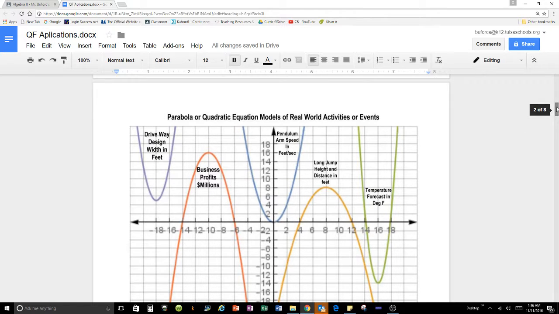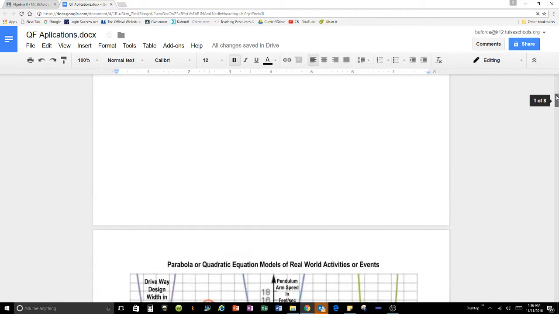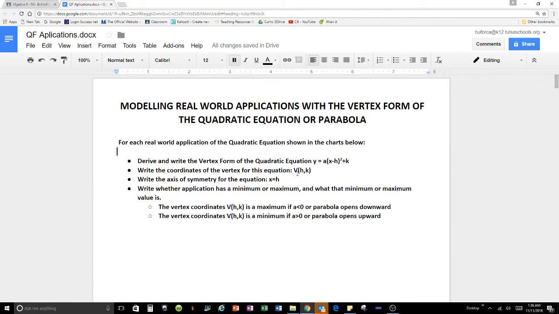Okay, so that's what the axis of symmetry is, and that's why we say that the axis of symmetry is at x equal h, because when we go out h units horizontally, it goes right to the vertex, which cuts the parabola right in half.